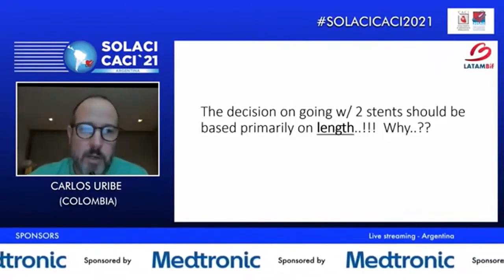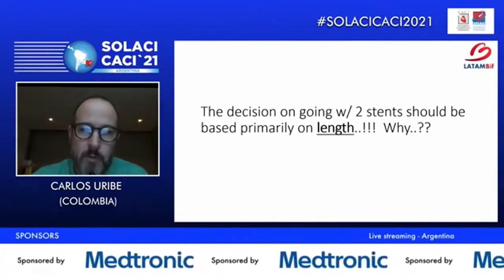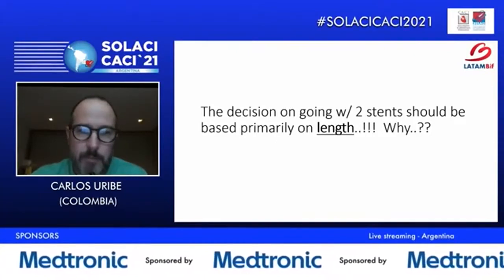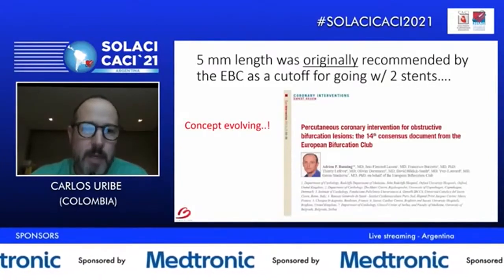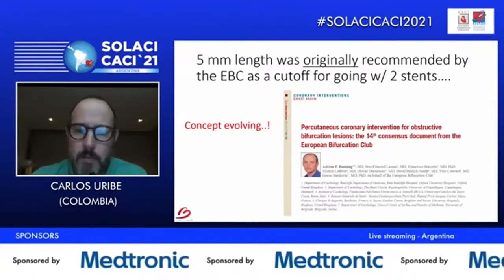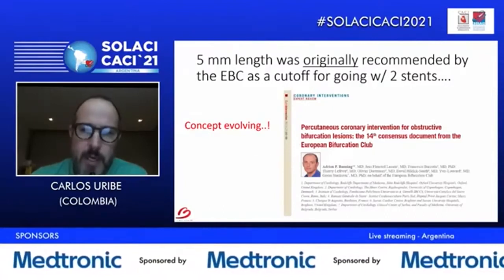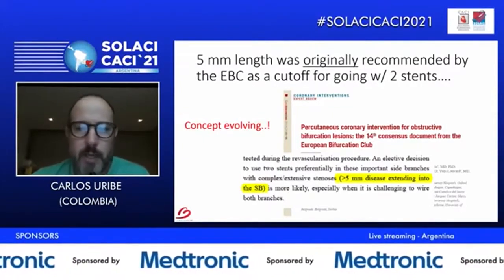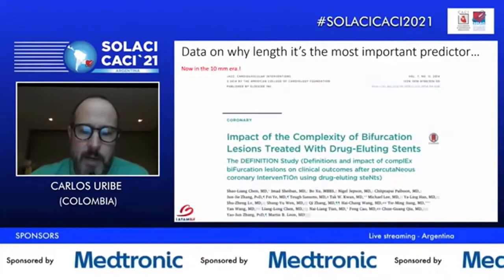This is based on the following studies I'll be showing you, which are changing this overview to actually know when to start with the two stent strategy or the provisional stent strategy. Of all the criteria, the most important one is the length, and traditionally, when we read the EBC consensus, we saw that they stated that 5 millimeters was the magical number to make the right decision, to use a two stent strategy or a provisional stent strategy.